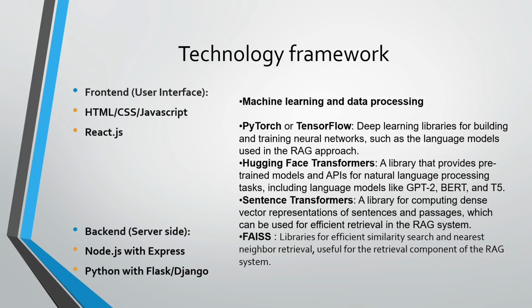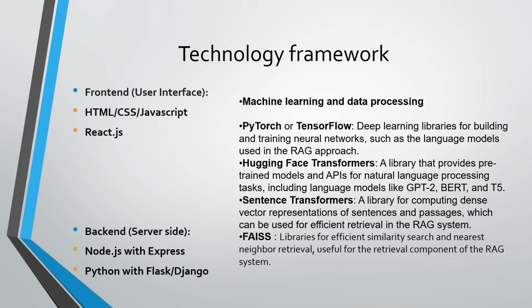Technology framework. For the front end, we are using HTML, CSS, and JavaScript, and then React.js. For the backend, or the server side, we would be using Node.js with Express, along with Python with Flask or Django.